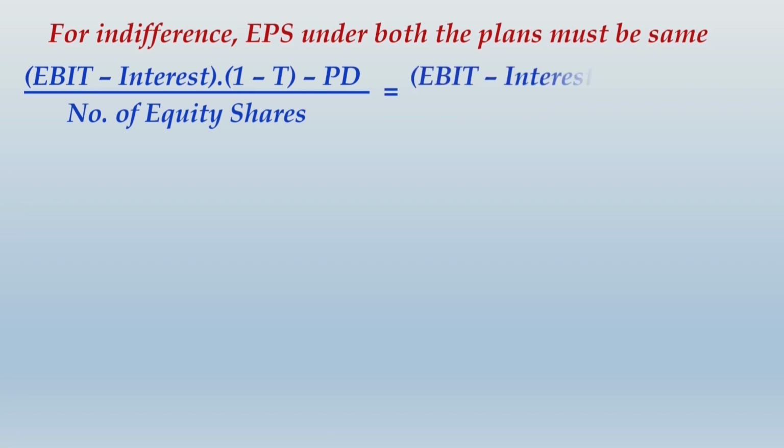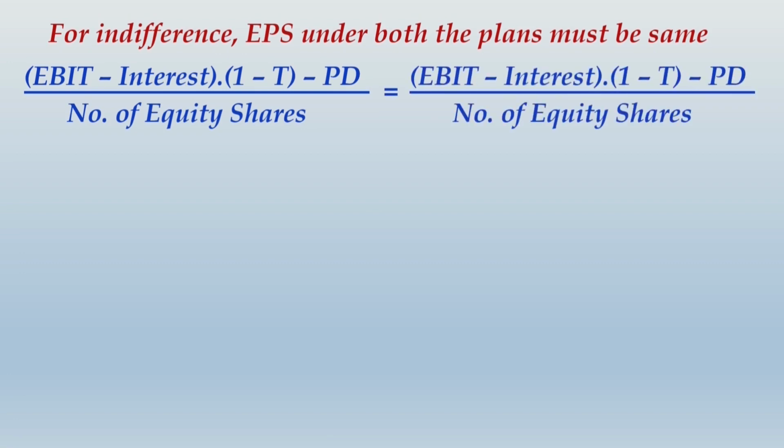You would want to equate that with EPS of option 2. So I have written on the left hand side as well as the right hand side the EPS formulas. And now we would want to find a level of EBIT where EPS should be the same. So EBIT will be a variable over here. We would say let EBIT be X. Now on the left hand side of the equation, where it is option 1, EBIT minus interest, I would write that as X minus 3 lakhs, because 3 lakhs is the interest in option 1.